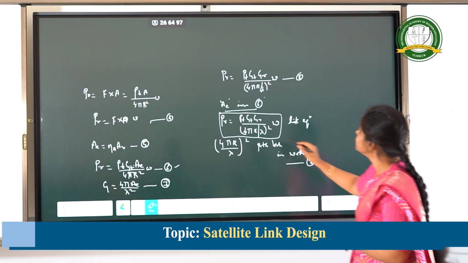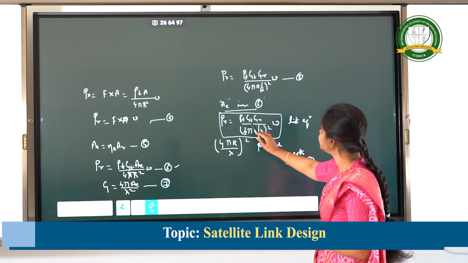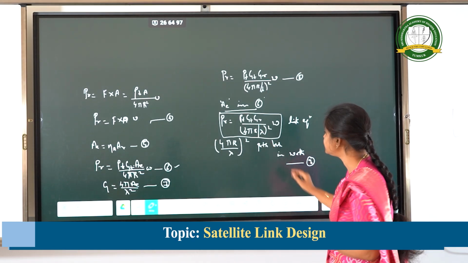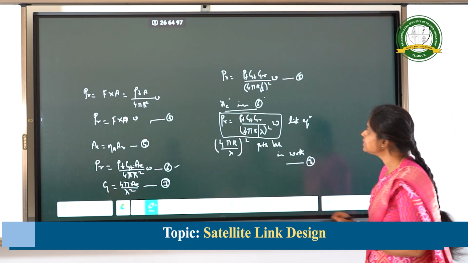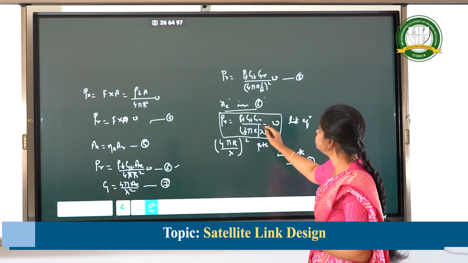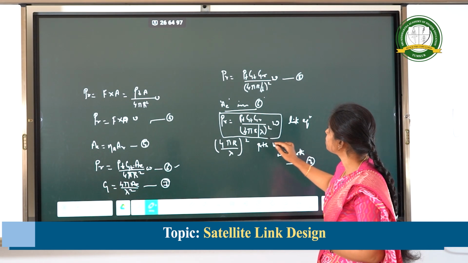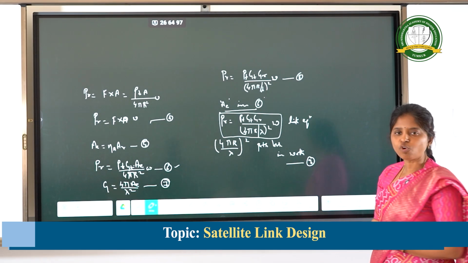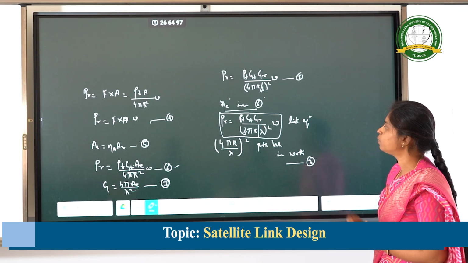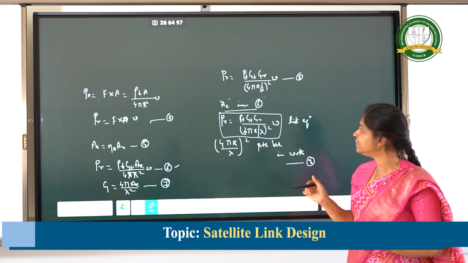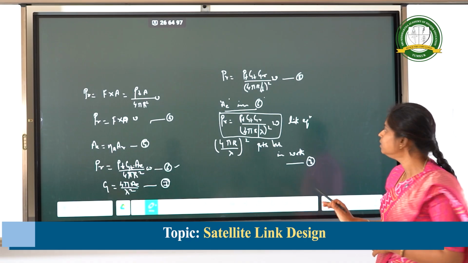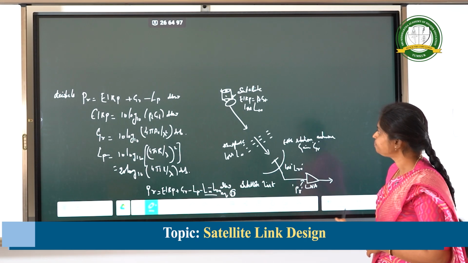Here (4 pi r by lambda) whole square we call the path loss, and PT into GT can also be represented as the EIRP. So PR is EIRP into GR divided by (4 pi r by lambda) whole square, because the product PTGT is nothing but EIRP, so you can represent that in PTGT also.